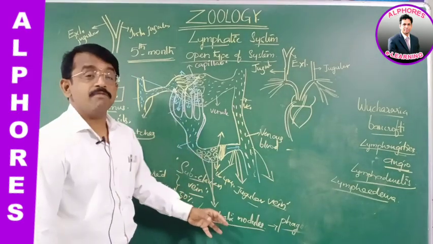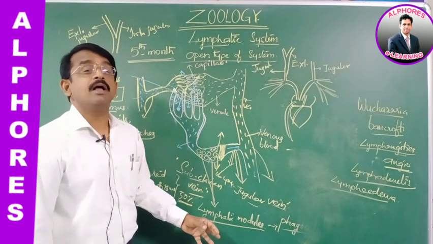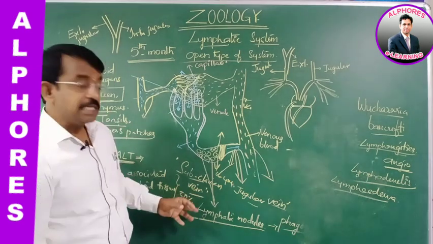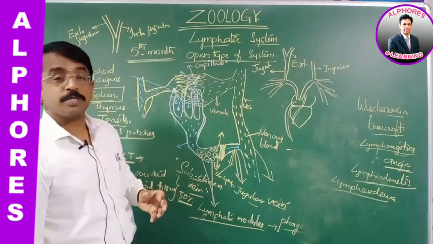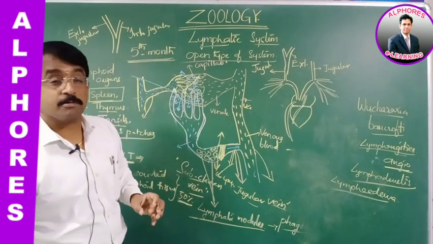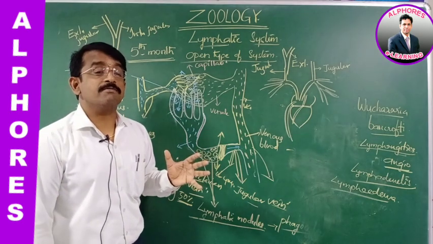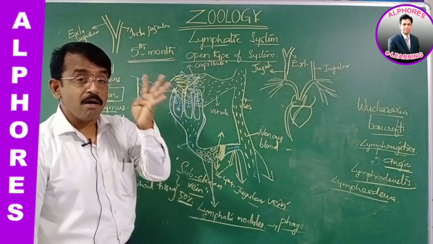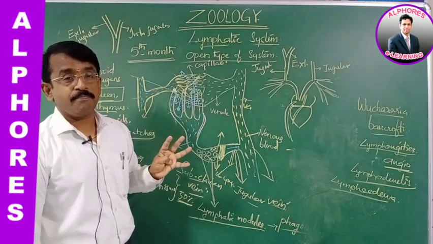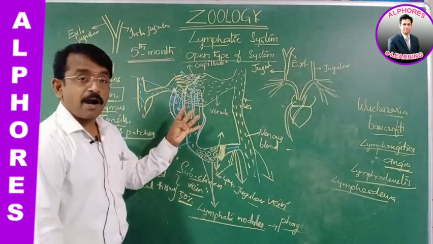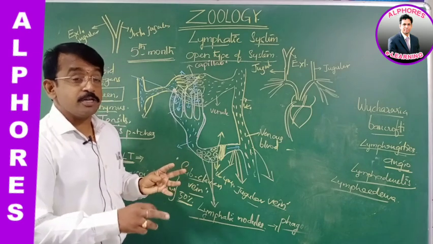Besides that, there are lymph nodules arranged like a tree, containing the phagocytes which are for phagocytosis. So collectively, what are the functions we see in the case of the lymphatic system? One, transport of the fat which is digested and absorbed.